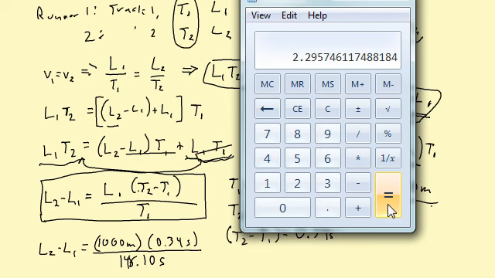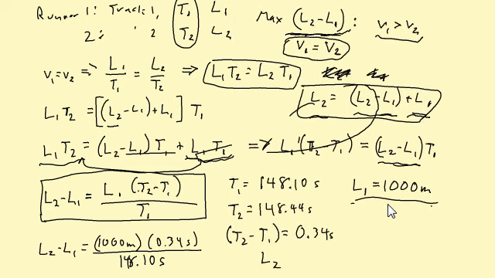So our L2 minus L1 equals 2.3 meters. And if I plug this into WebAssign, cross your fingers for me, and I got it correct. So, sounds good.